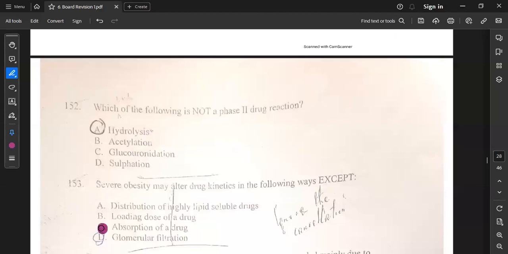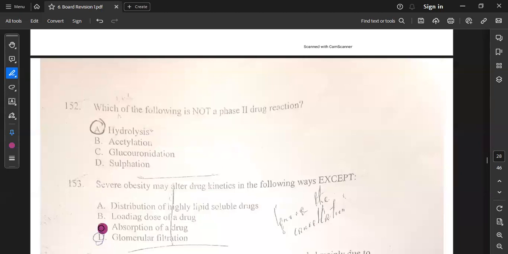I'm thinking we might have to go with the best option that we have. Severe obesity, we have said, is associated with an increased glomerular filtration. Yes, so there's glomerular hyperfiltration in severe obesity.